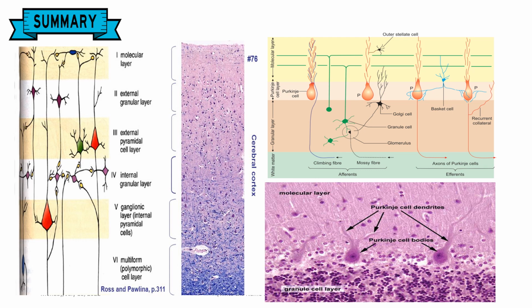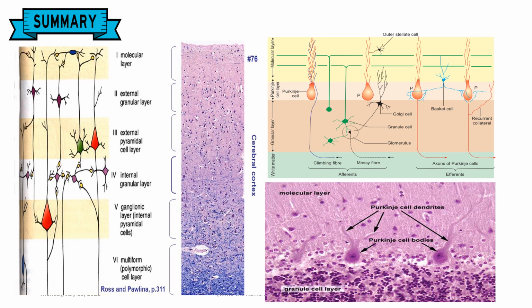Summary. Here we will remember the structure of the cerebrum and cerebellum. Did you remember? On the right side, this is the structure of the cerebellum. Did you remember the layers of the cerebellum? It's formed of 3 layers.